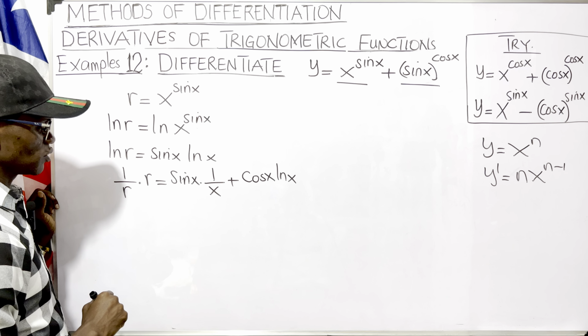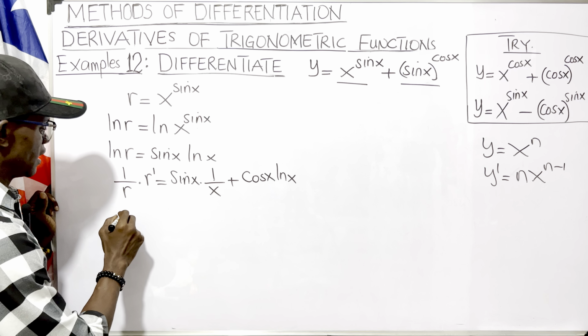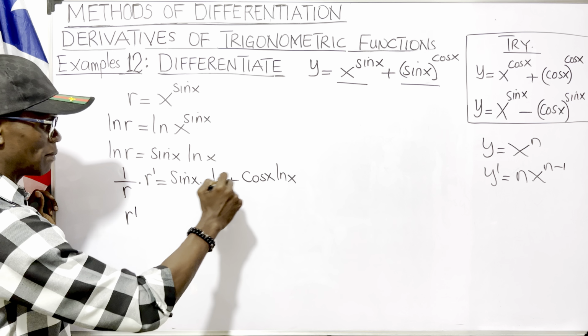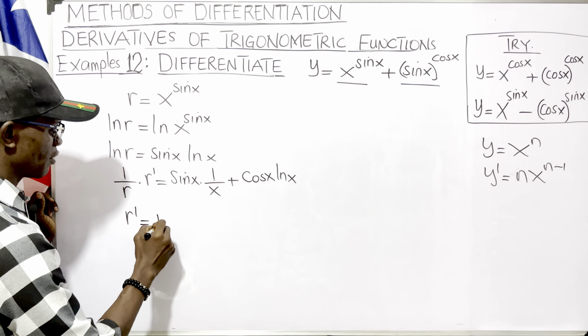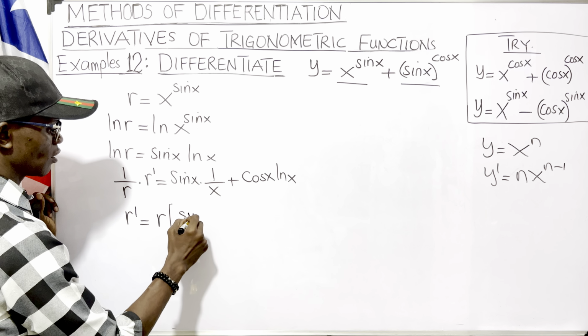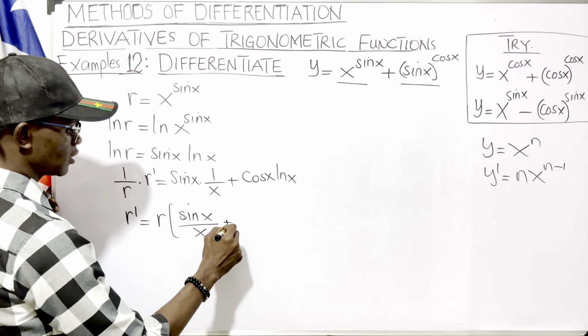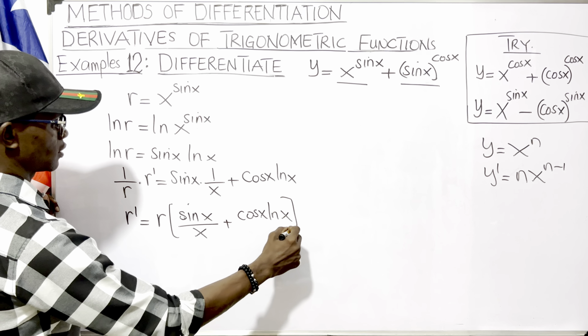So what's next for us to simplify? Okay, this times r prime. So let's simplify now. So we have r prime. Now remember this r must be multiplied by this entire expression, like we're cross multiplying. So this is r, times sine of x all over x plus cos of x, the ln of x.